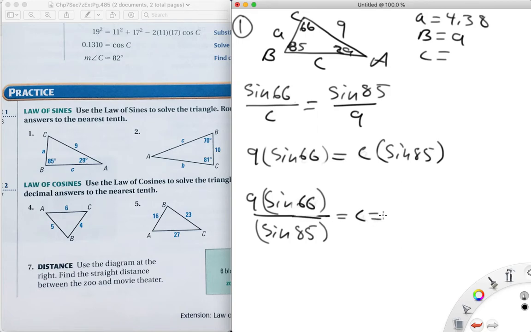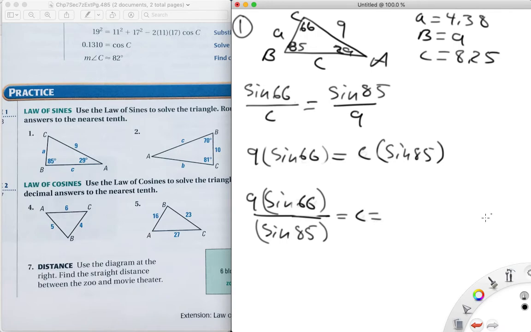And C equals 8.25. Okay. So that's solving that using law of sines. Pretty straightforward.